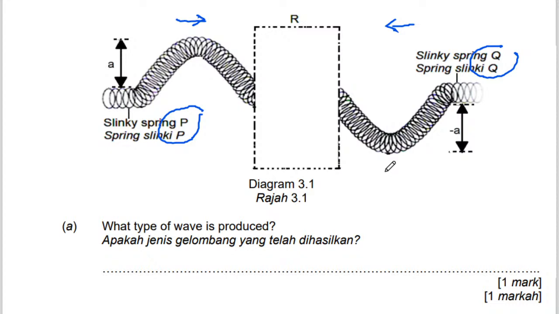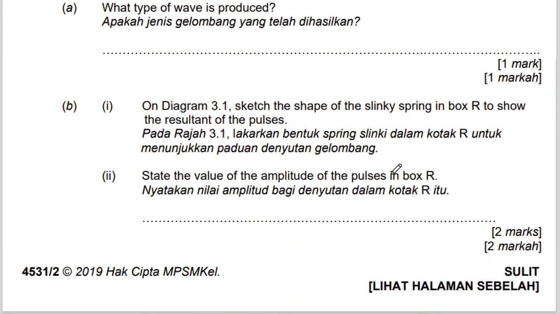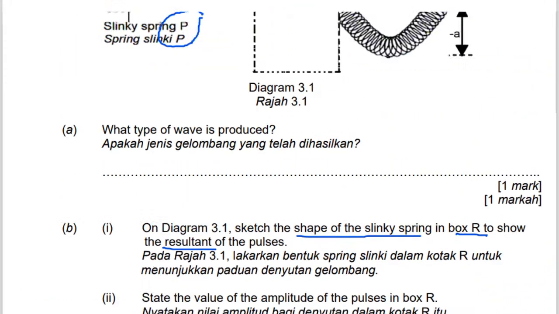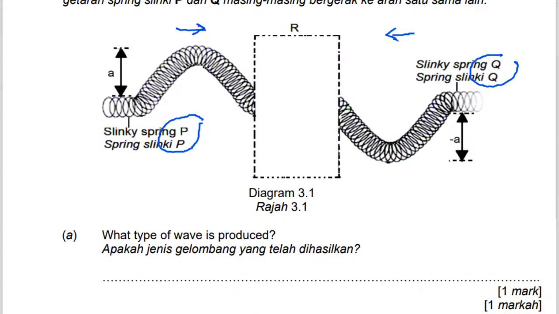Alright. Next, diagram 3.1. On diagram 3.1, sketch the shape of the slinky spring in box R to show the resultant of the pulses. So you need to sketch the shape of the slinky spring in box R to show the resultant of the pulses.